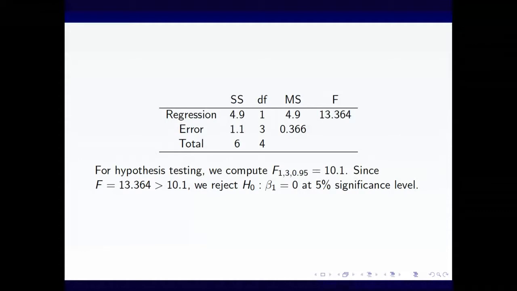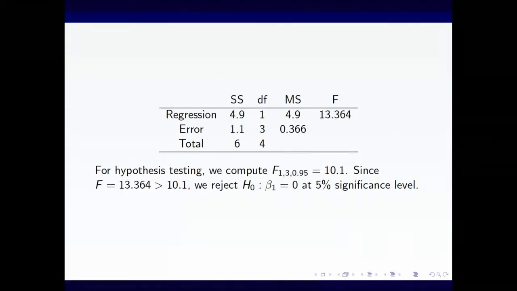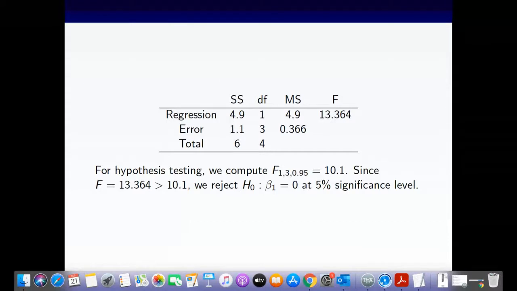And then you can create the ANOVA table. You can calculate 4.9 divided by 1, which is 4.9. Then 1.1 divided by 3, because the degrees of freedom for error is 5 minus 2, which is equal to 3.